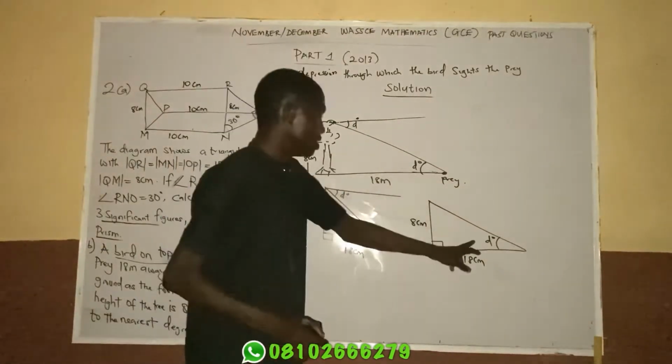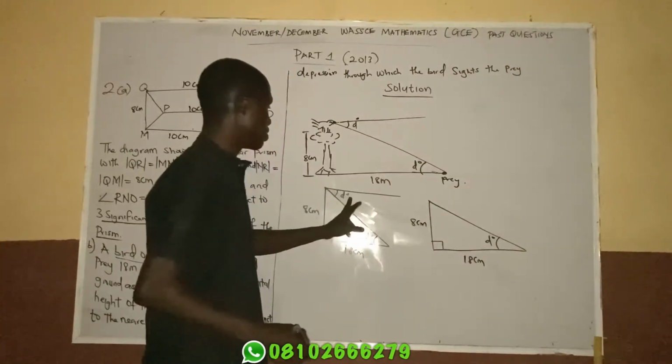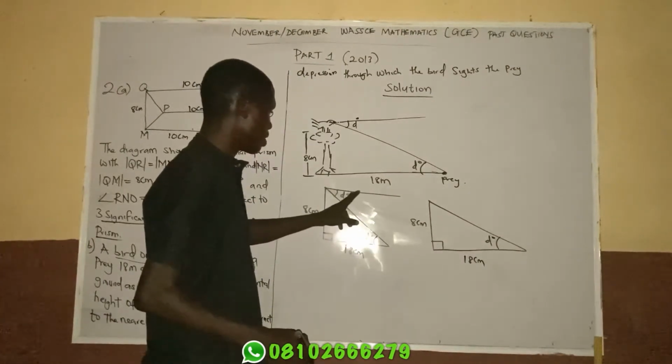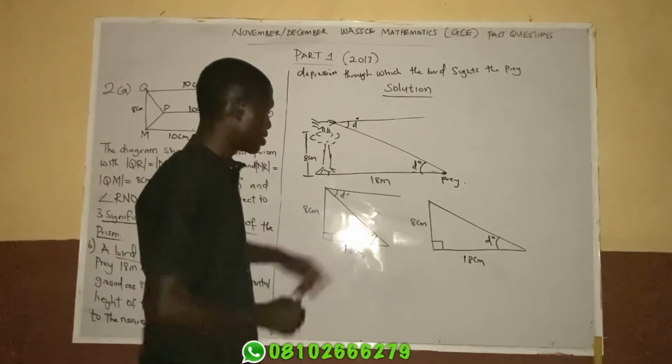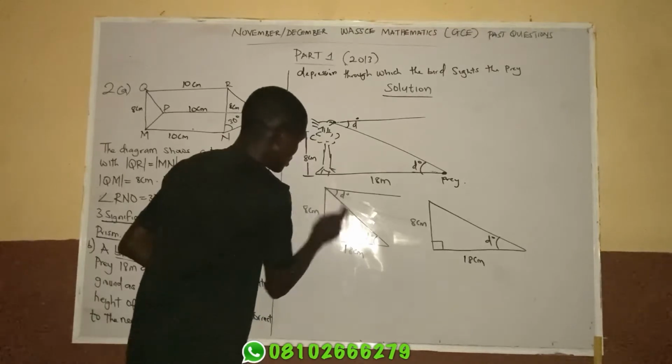This angle D is alternate to the angle here, so the angle of depression equals this alternate angle.